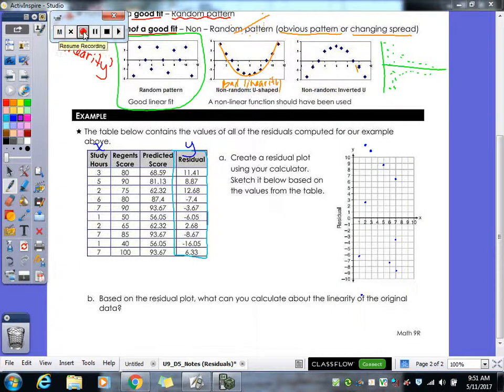So looking at this, does there seem to be any kind of shape or specific pattern to our points? No, this one would be completely random.